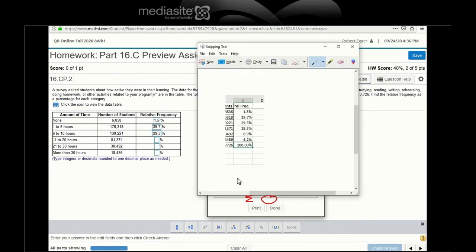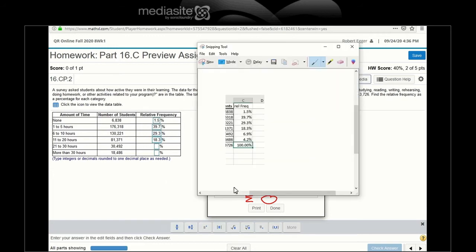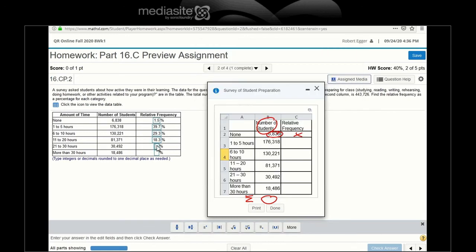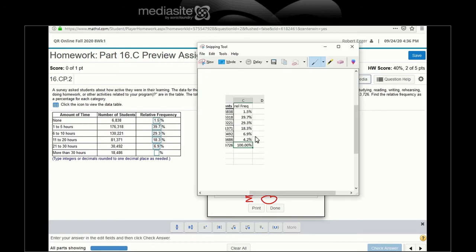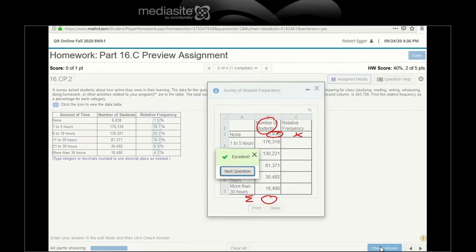Next, 18.3. Next, 6.9. And last is 4.2. That's how we did. Got those correct.